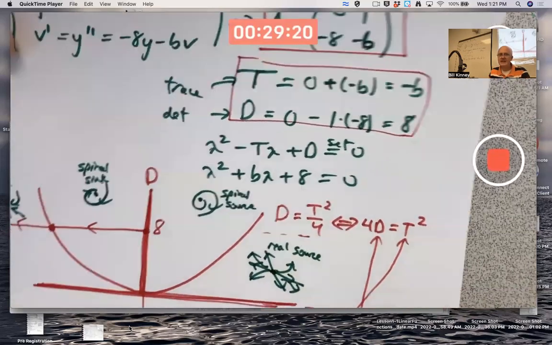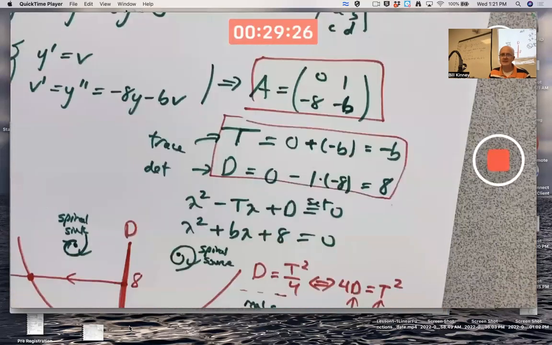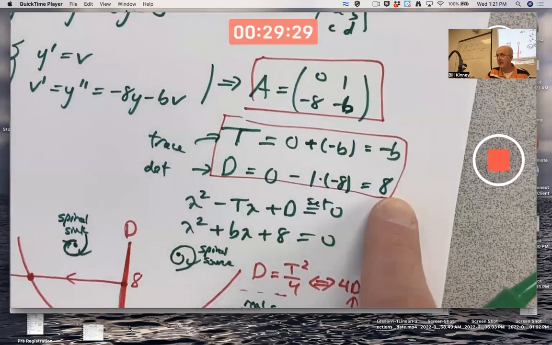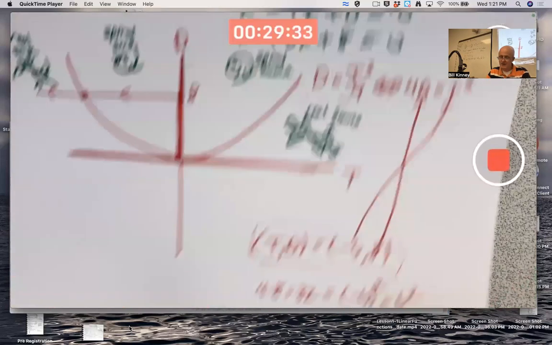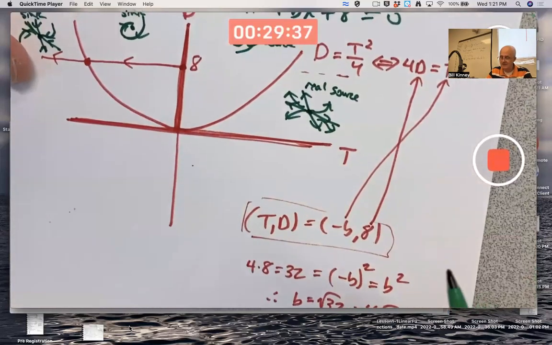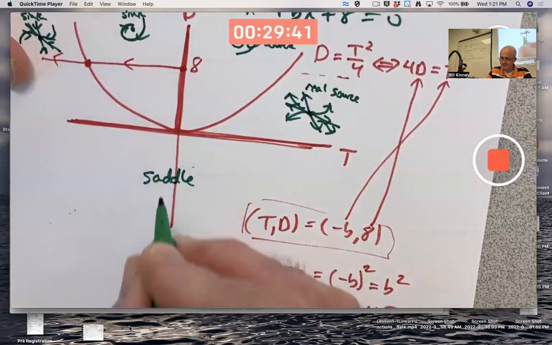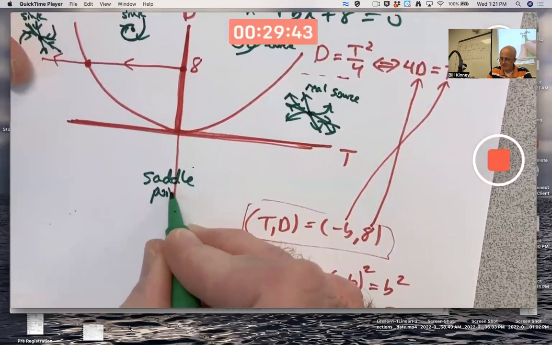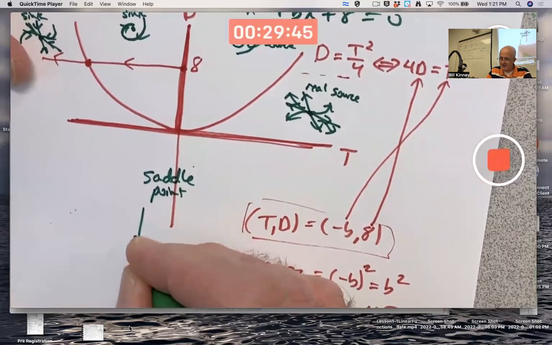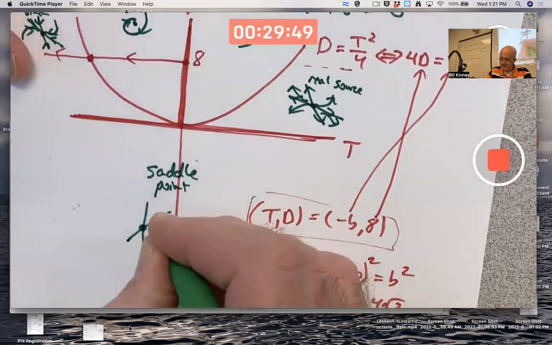For this particular system, you're never down here. The determinant is never negative. You look at this matrix, its determinant's always 8, no matter what B is. So you're never down here, but what happens in general if D happens to be negative? Down here corresponds to saddle points. One eigenvalue is going to be positive, one's going to be negative.